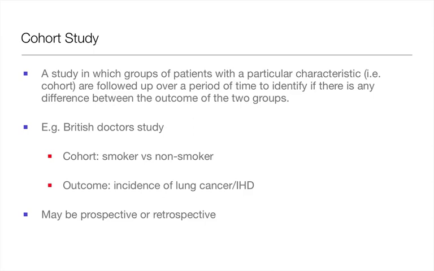Cohort studies may be prospective or retrospective, and what I mean by that is that you could have a group of patients which you follow up over a period of time in order to see if there is any difference in the outcome, or you may already have a group of patients who have reached the outcome, and you're looking back on these patients, determining whether the outcome was different between the two groups.